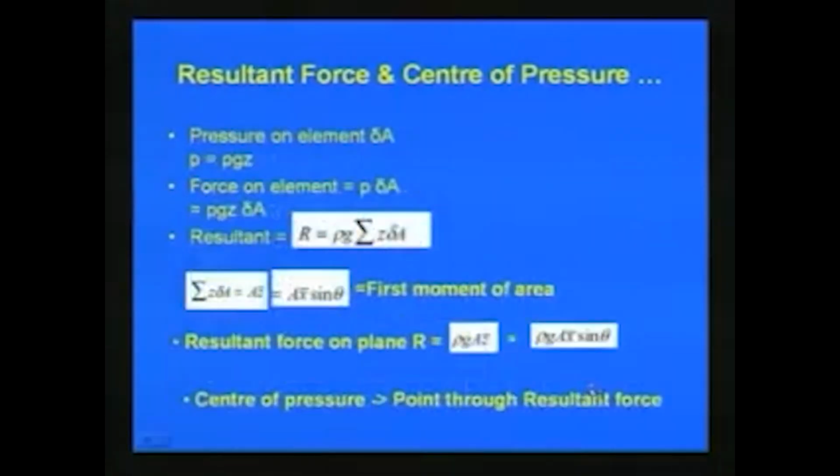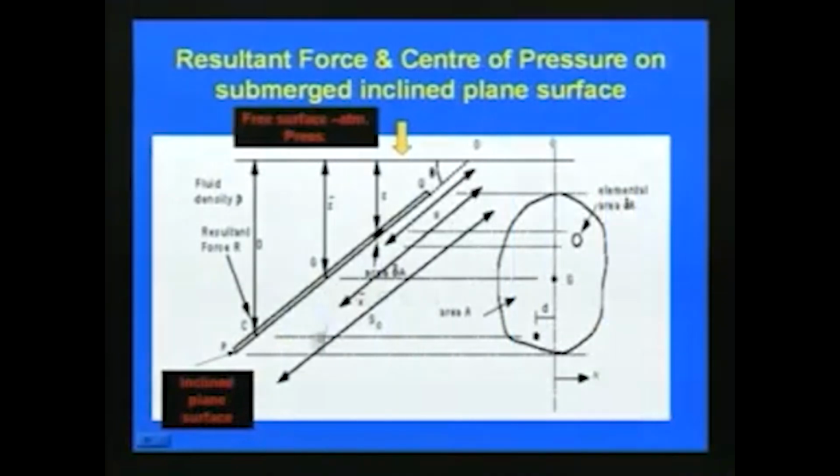So, here in the previous slide with respect to this figure we have already seen. We want to find this center of pressure with respect to the resultant force and then with respect to the elemental area which we are considering.